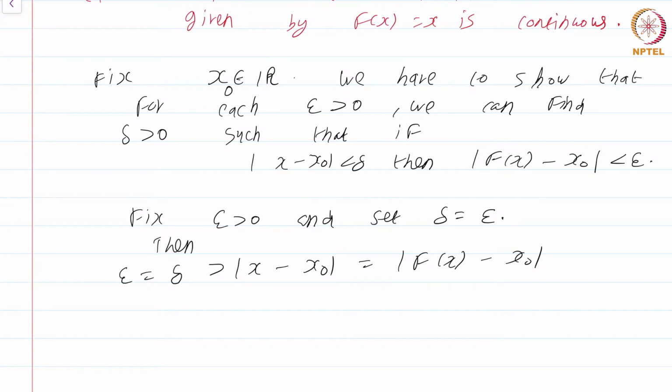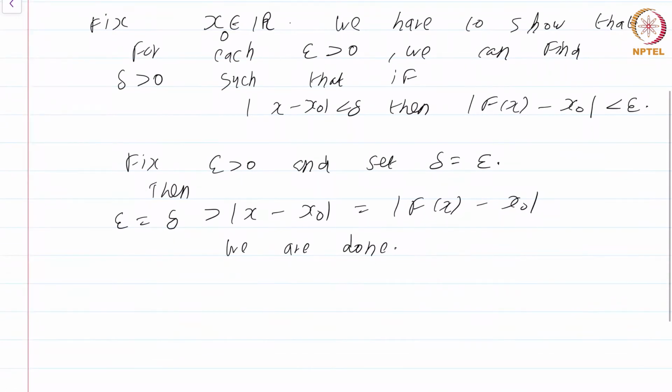So mod f of x minus x naught is less than epsilon, and we are done. That was fairly easy because the choice of epsilon directly gave the choice of delta without any additional work.